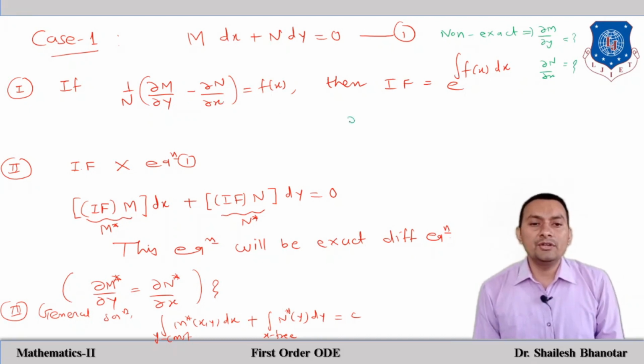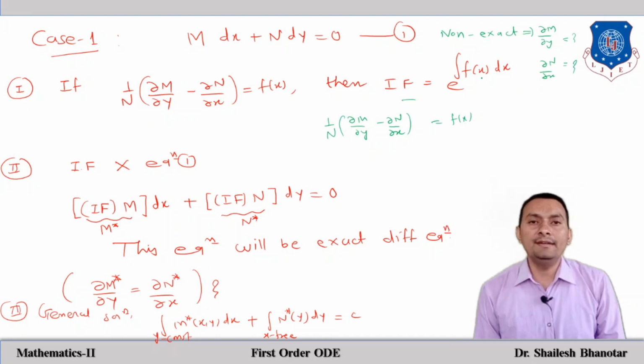Whatever the answer is, if we multiply it by 1 by N and get a function of only one variable, say f of x, then our integrating factor will be e raised to integration f of x dx.